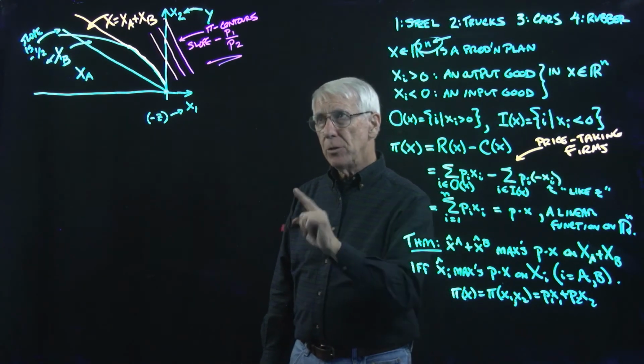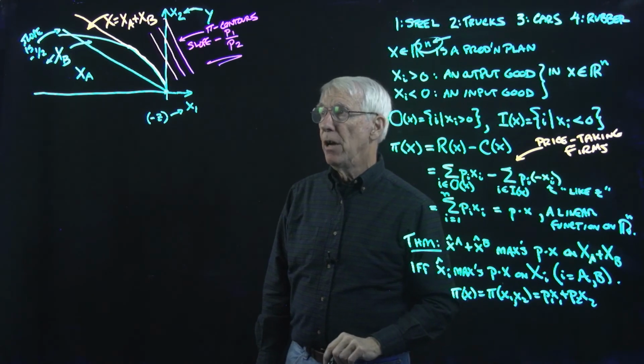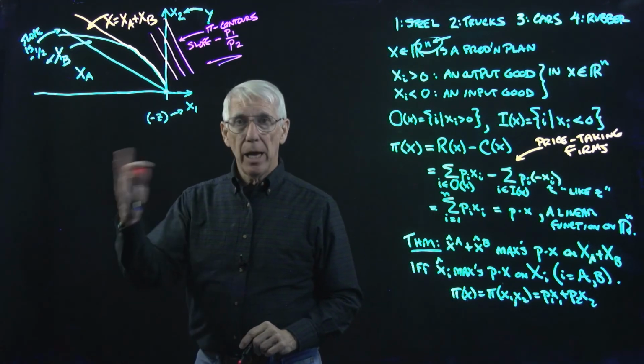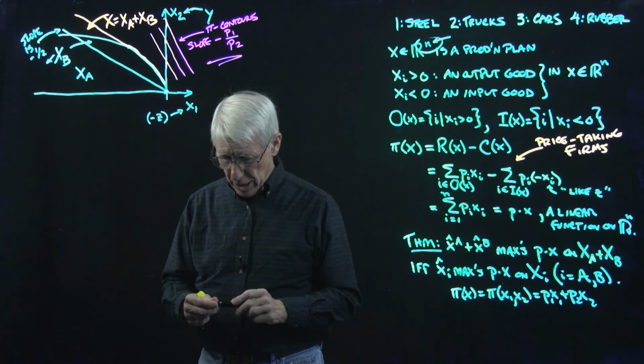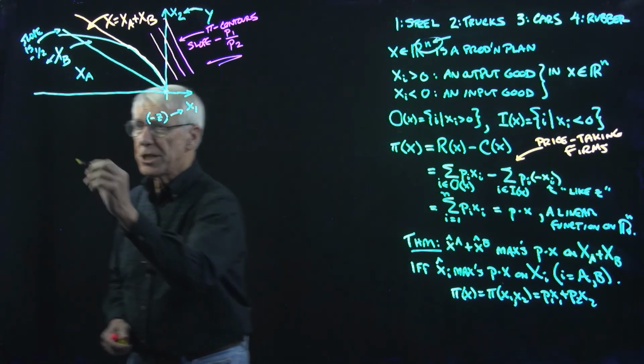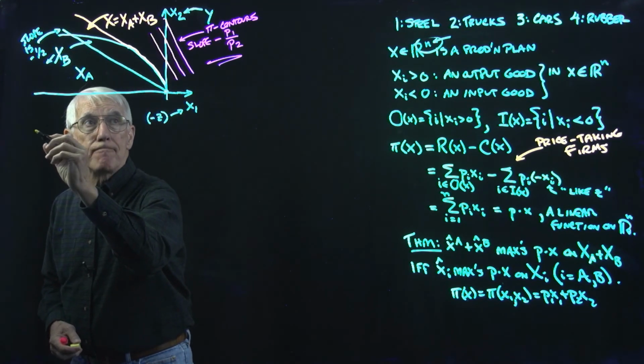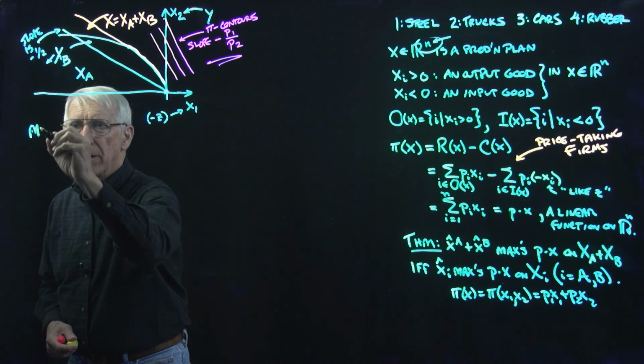So the last thing I want to do here is I want to actually carry out the maximization for each of the two firms and the aggregate maximization. So let's go down here and let's look at the maximizers.